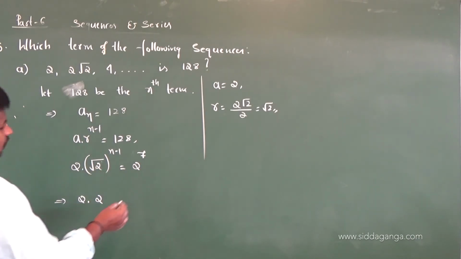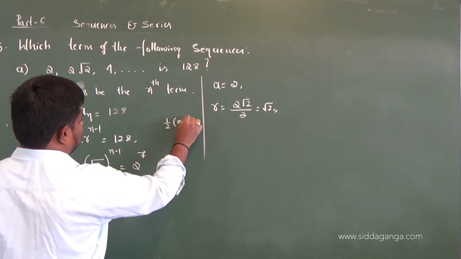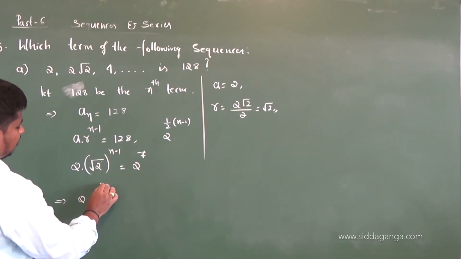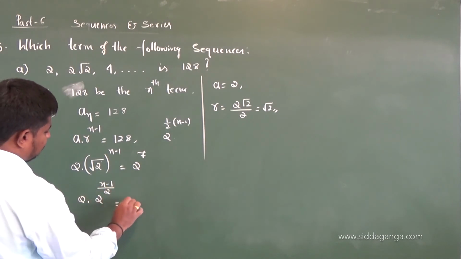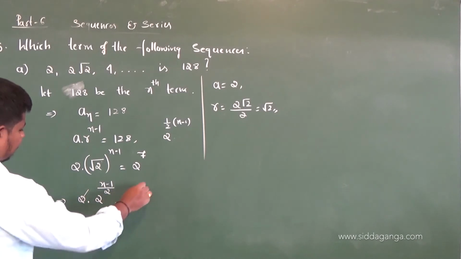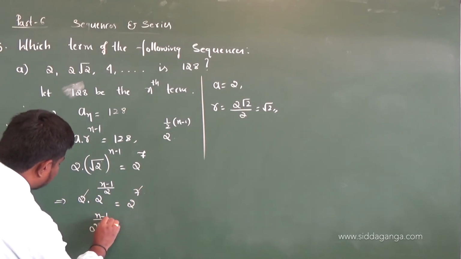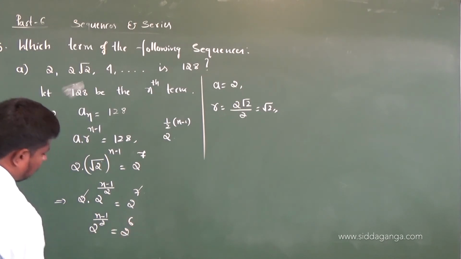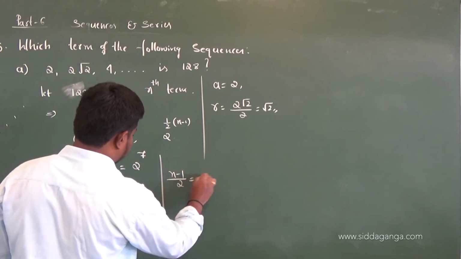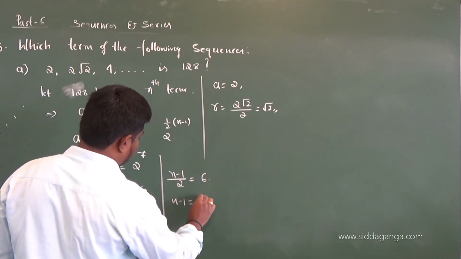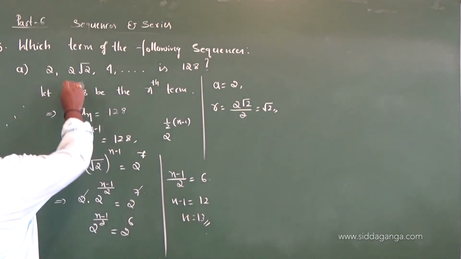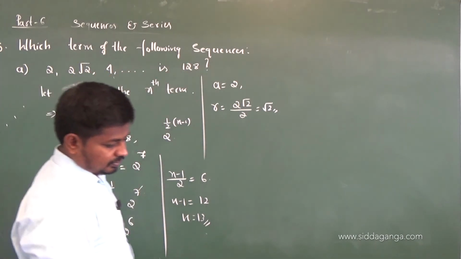So 2 power of n minus 1 by 2 is equal to 2 power of 6. From this, n minus 1 by 2 is equal to 6, so n minus 1 is equal to 12, so n is equal to 13. You mean the 13th term of this GP is 128.